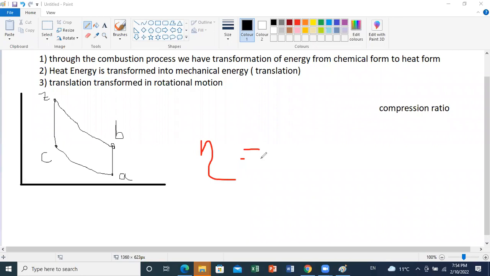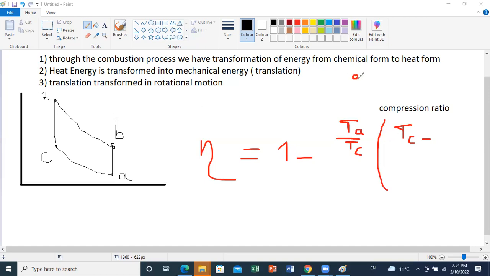The efficiency, we said, is 1 minus TA over TC, multiplied by... let me check.